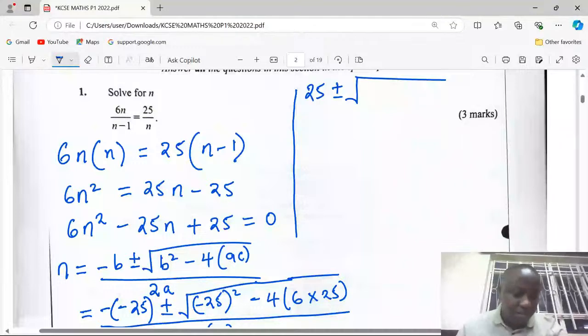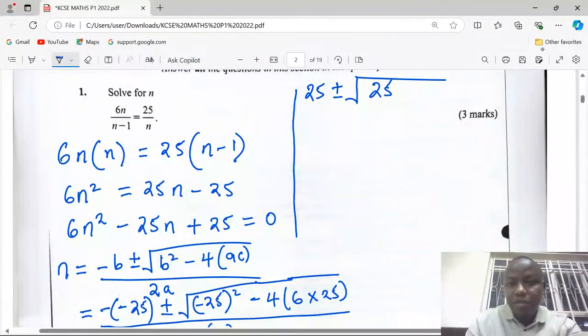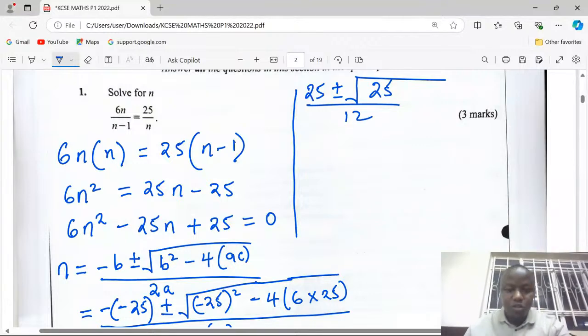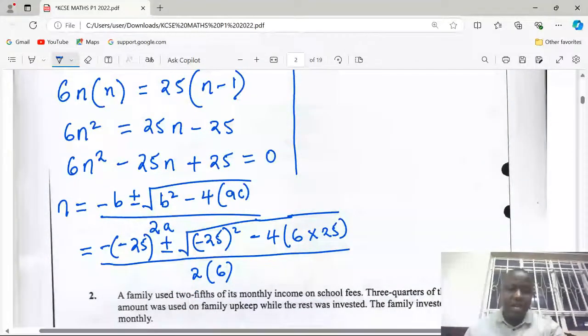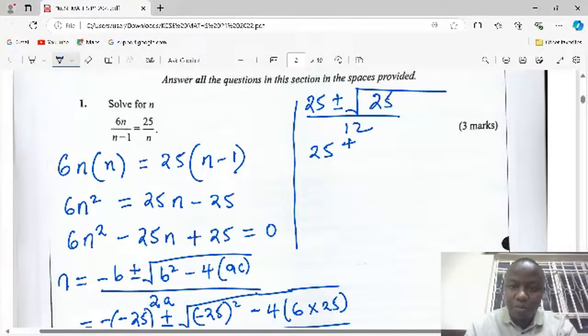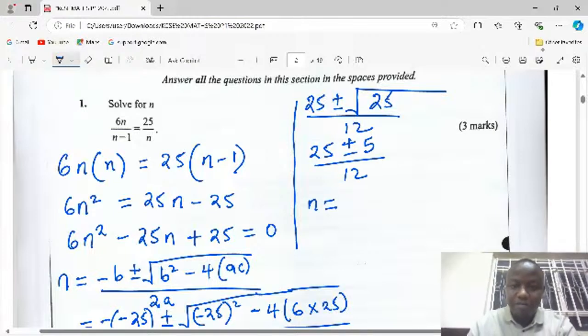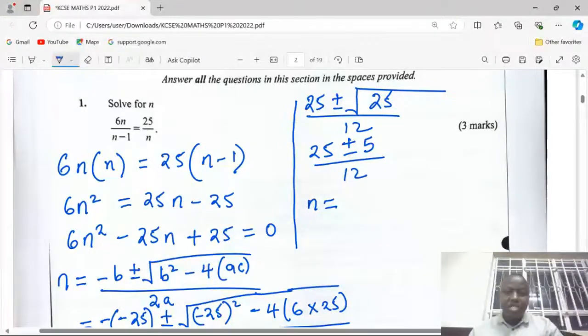So 625 minus 600 becomes 25, then divide by 2 multiplied by the value of a, plus or minus 5, the square root of 25, out of 12. So the value of n is going to be 25 plus 5, that becomes 30. We divide by 12, we get 2.5.